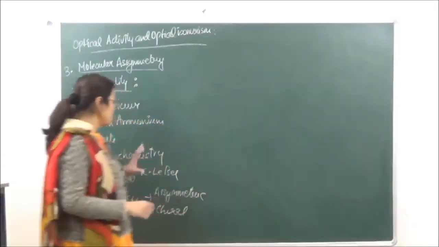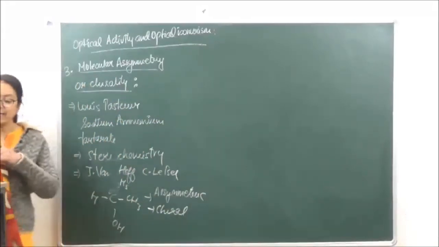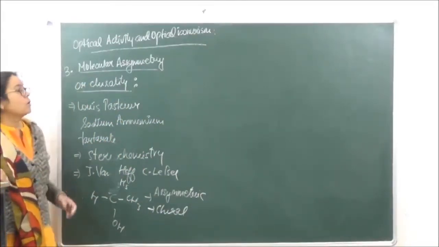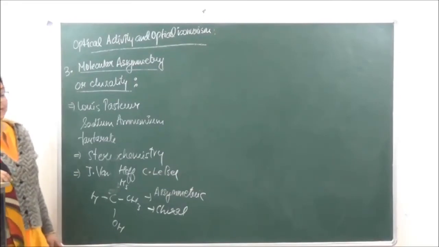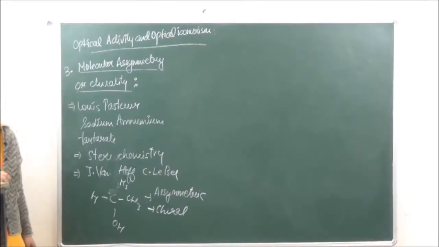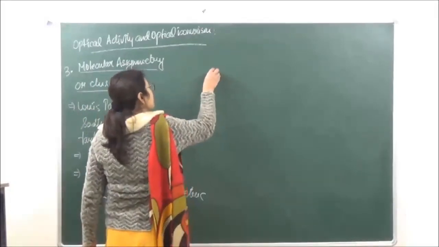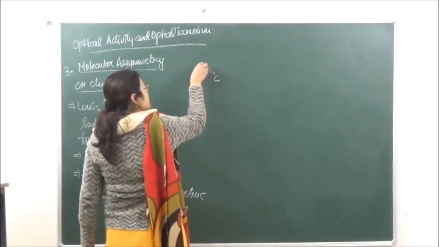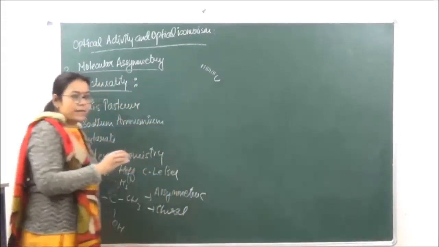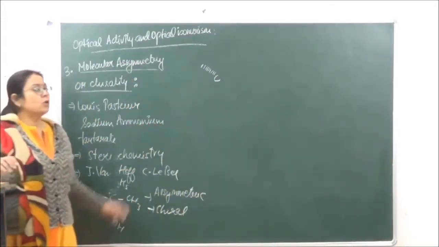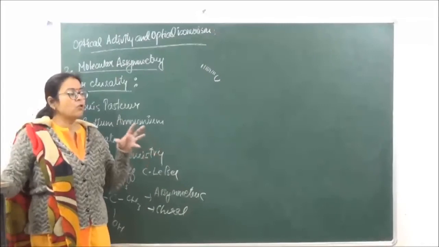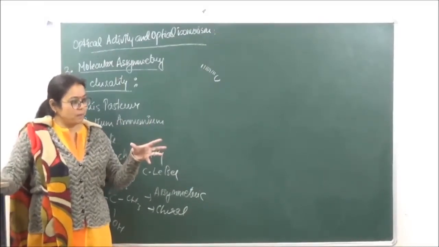Okay, so let's go on to certain organic substances, to show which are going to show optical activity and which are not going to show optical activity. So we are taking an organic compound A. You know that this carbon is tetrahedral, right? So there are going to be two atoms or group of atoms which are on the plane of the paper.